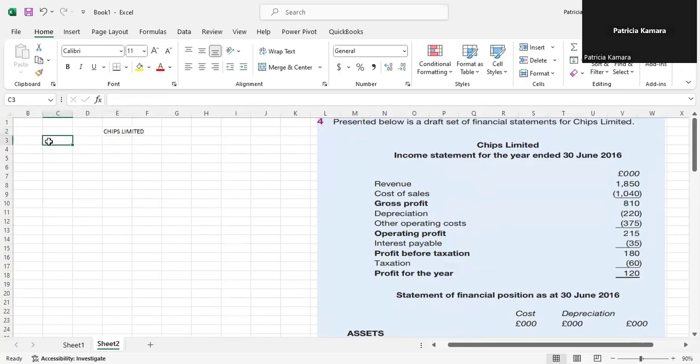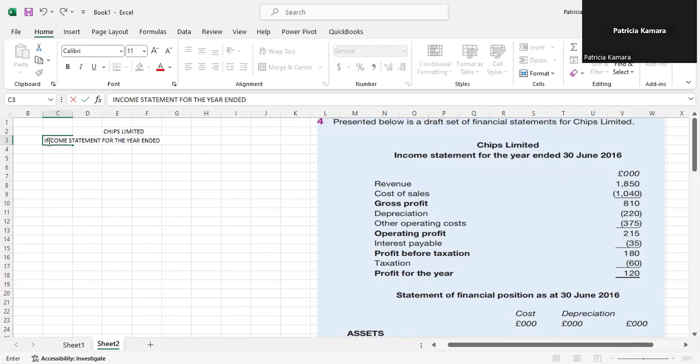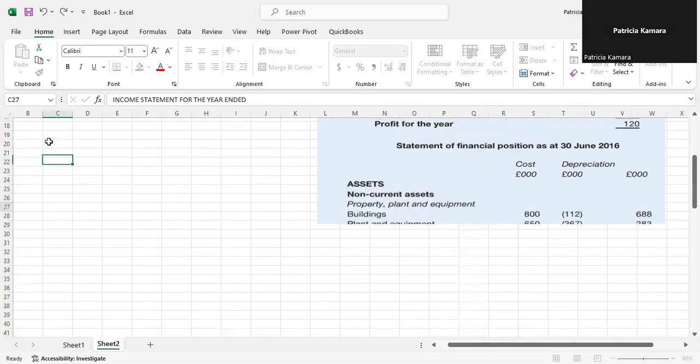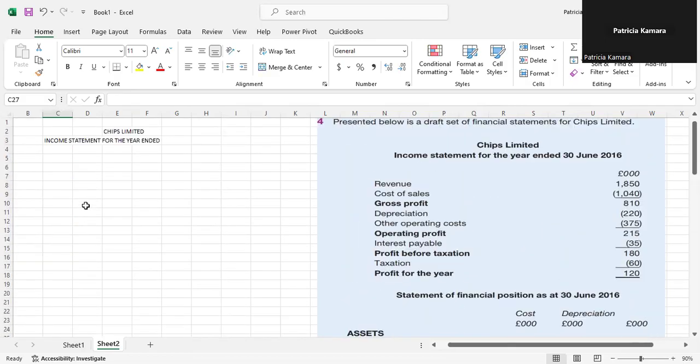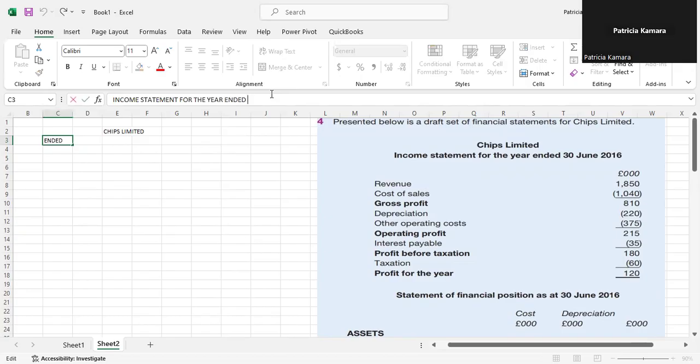We are starting with the income statement for the year ended 30th June 2016.